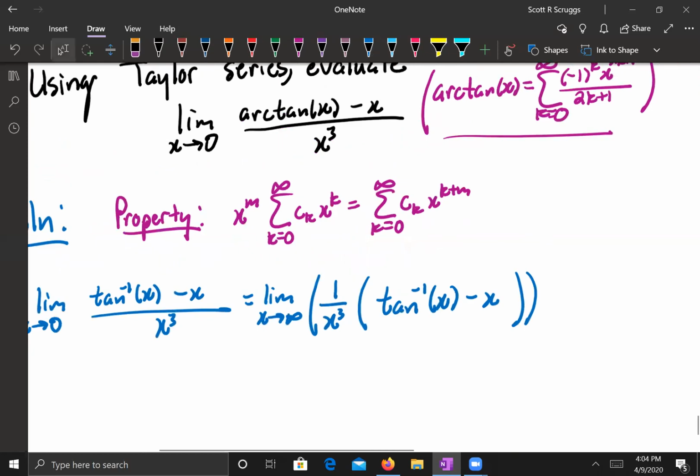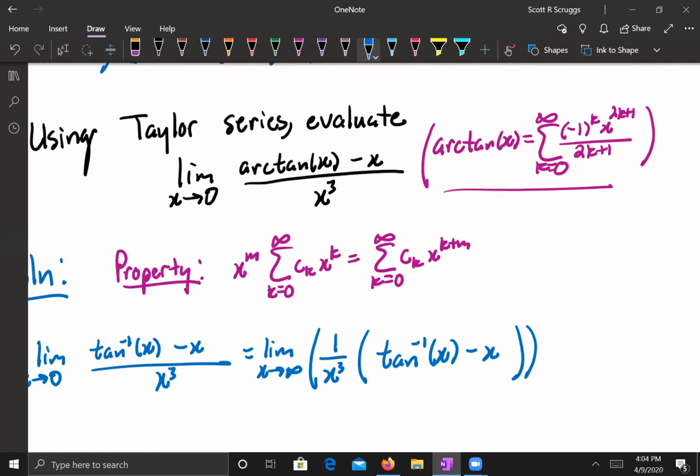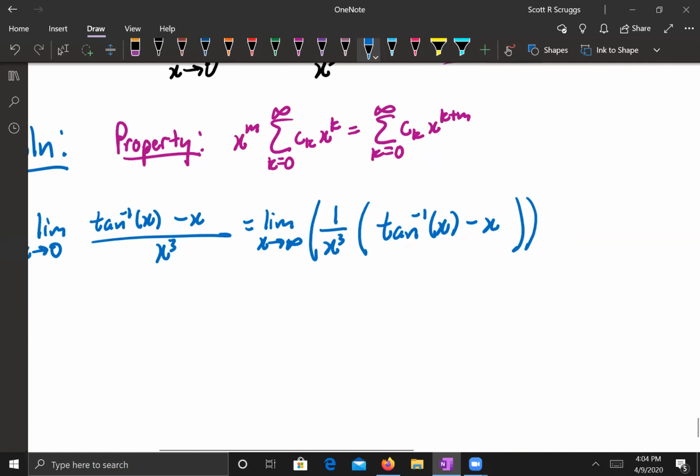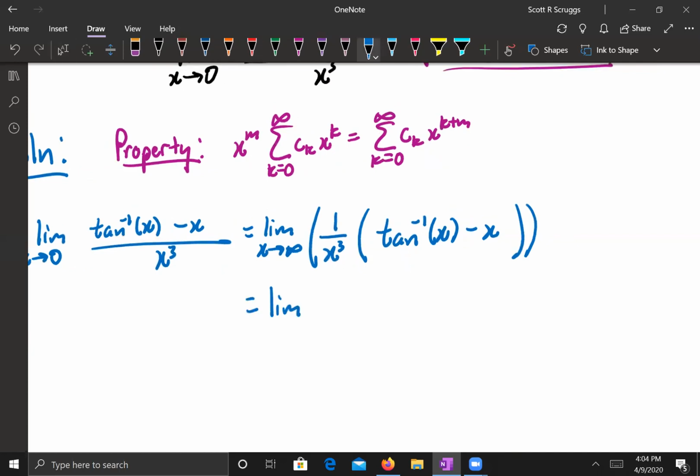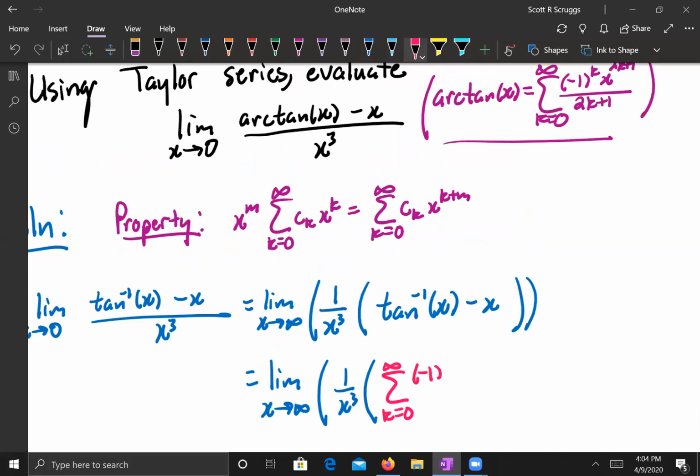Because I know the power series representation for arctan, I'm going to use that now, which is the limit as x goes to infinity of 1 over x cubed times the series of sine k to 2k plus 1, and then I have that minus x still there.